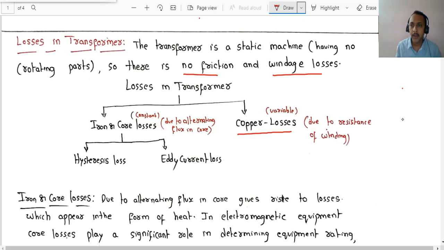The winding will have some resistance, and because of the current flowing through the winding, some I square R amount of losses will be there. With respect to iron or core losses, as the primary winding and secondary winding are wound on some core, they will have some hysteresis loss and eddy current loss.